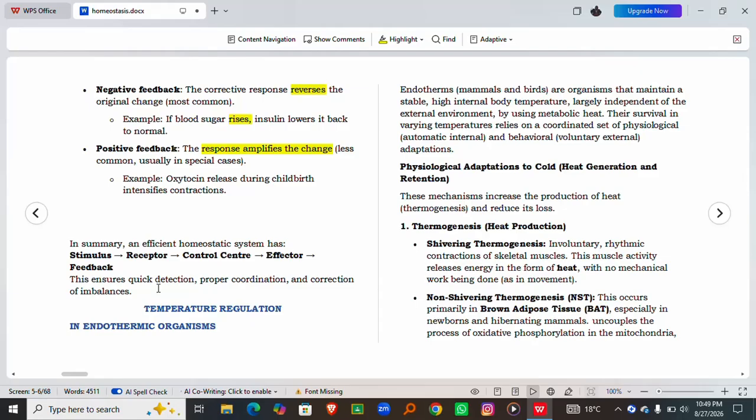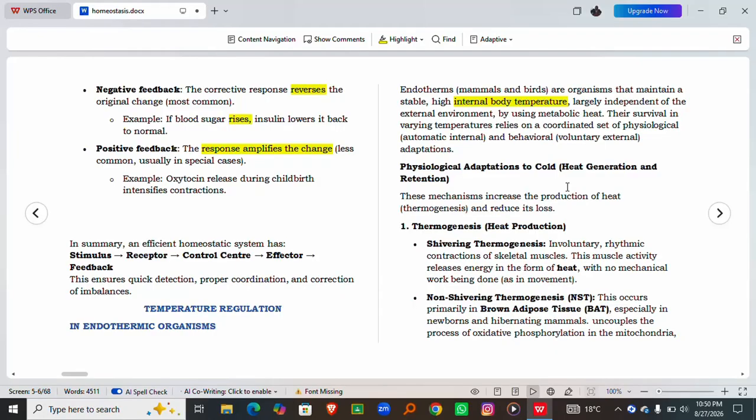Endotherms, for example mammals and birds, which you can call homeotherms, are organisms that maintain a stable high internal body temperature. They are able to maintain it constant, largely independent of the external environment, by using metabolic heat.